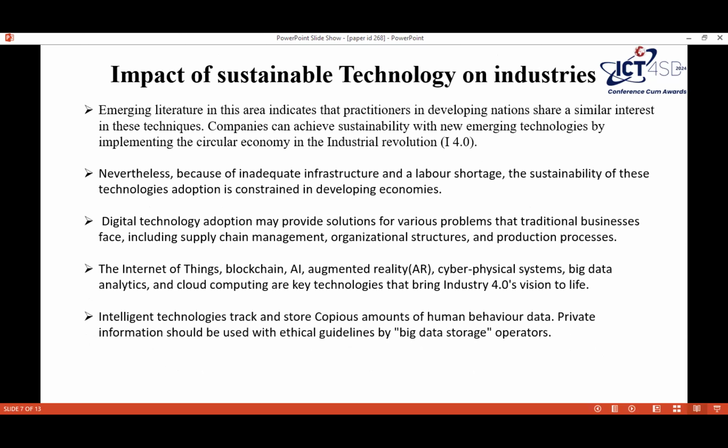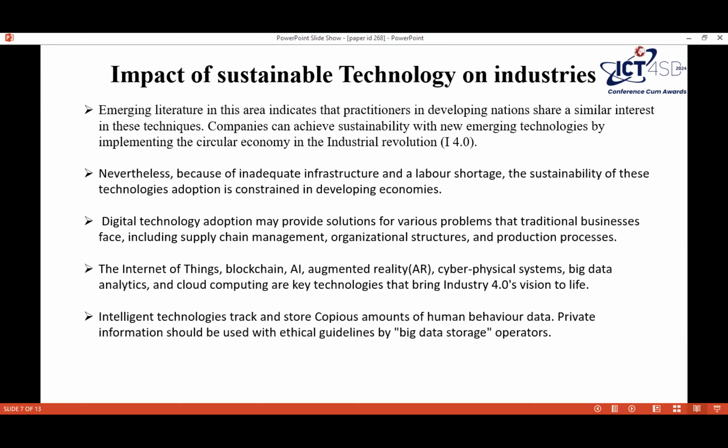And also the impact that sustainable technology has on an industry. Some literature has indicated that practitioners in developing nations share a similar interest in these techniques.